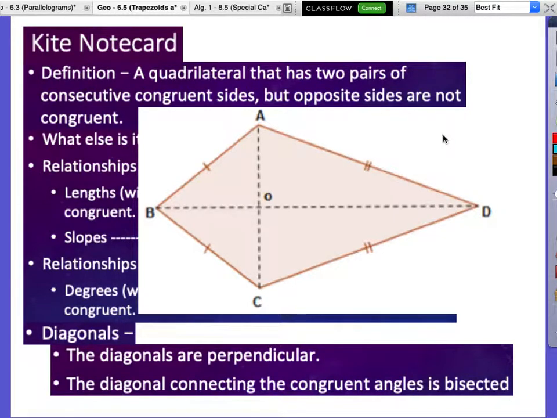Second, the one connecting the congruent angles is bisected. When I did perpendicular, I just put diagonals and that symbol, and that was my first bullet. So that's okay. You do that.